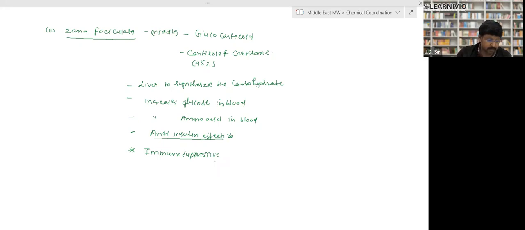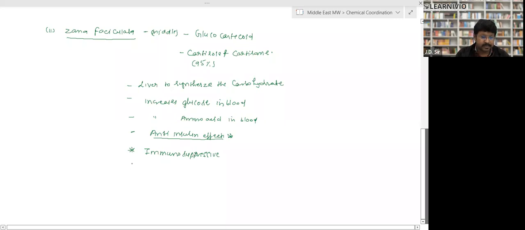Hence, it is used in the treatment of allergy. Full stop.